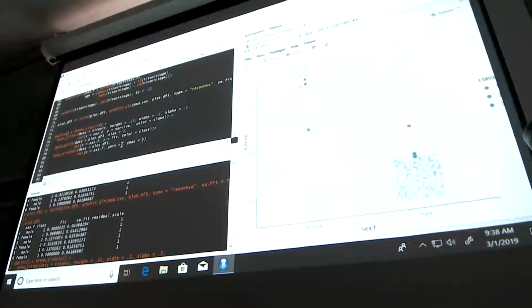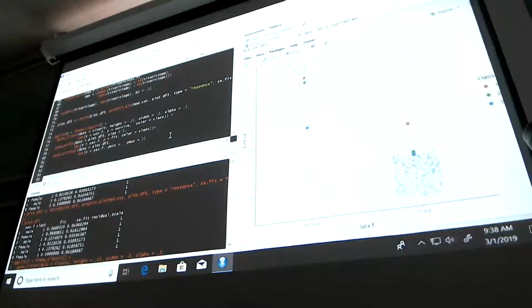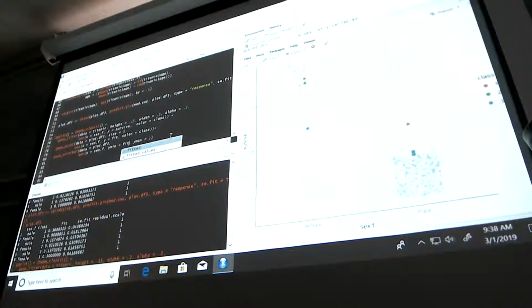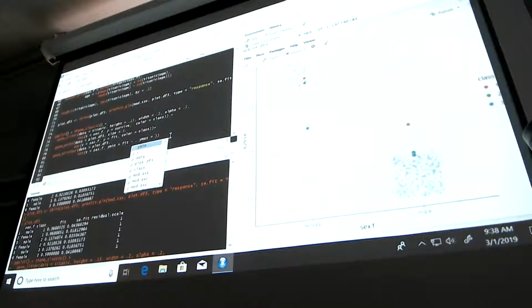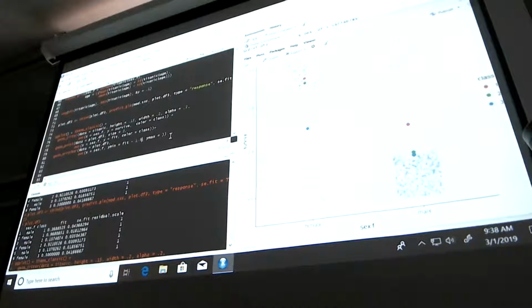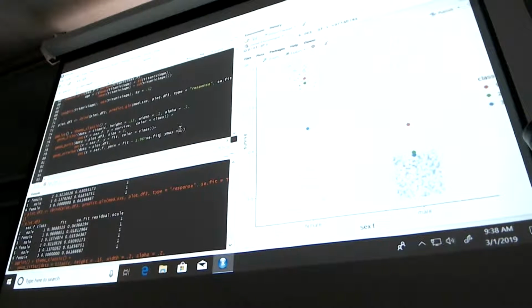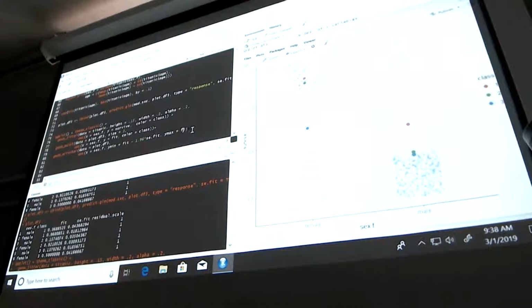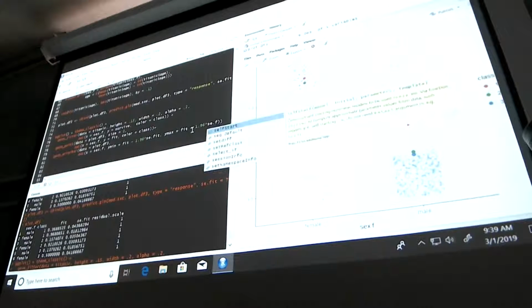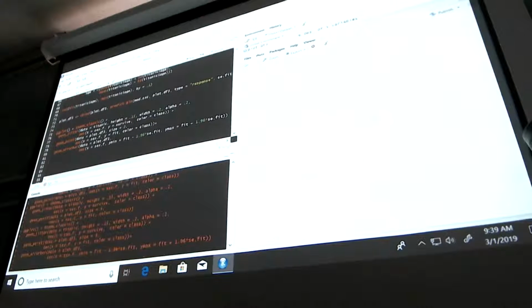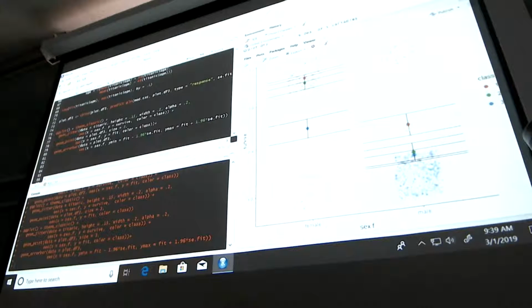So for our ymin, we're going to say that ymin equals fit minus 1.96 times SE fit, and ymax equals fit plus 1.96 times SE fit. And it's going to give us our error bars. Now, the default is really ugly.